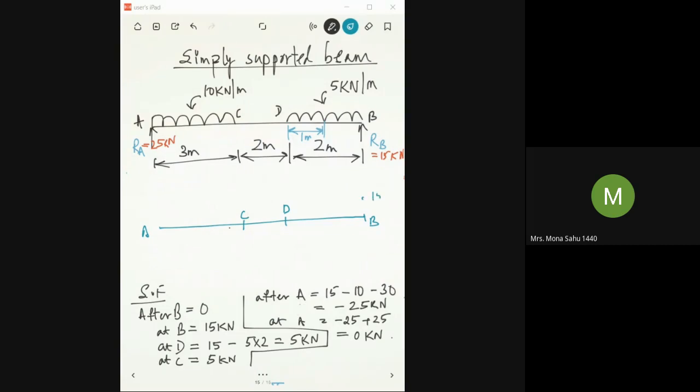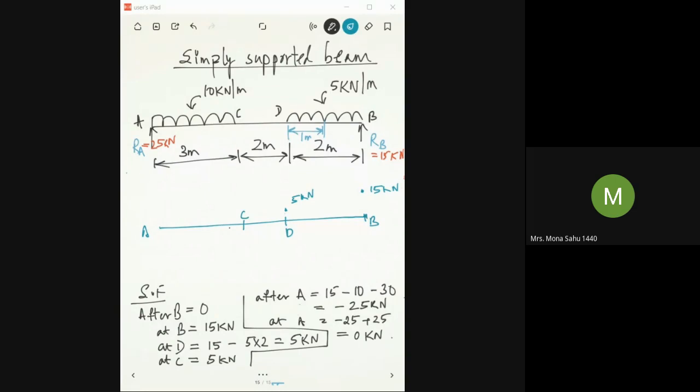So this is 15 kilonewton, and then we've got a 5 kilonewton here. So I'm going to name this D somewhere down and mark 5 somewhere here. Okay, so let's mark this also a little up. 15. This is 5. All right, and this starts with 0.